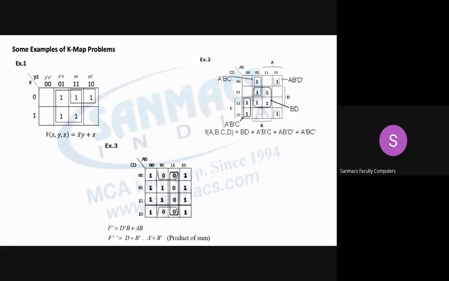Any questions on any of these examples? Sir, in example 1, am I audible? Yeah. Go ahead. Sir, in example 1, they have taken YZ as a combination and XS separately. If I take XY as a combination and ZS separately, will it make a difference? It won't make a difference. Okay, sir. Yeah, you can do that either way.